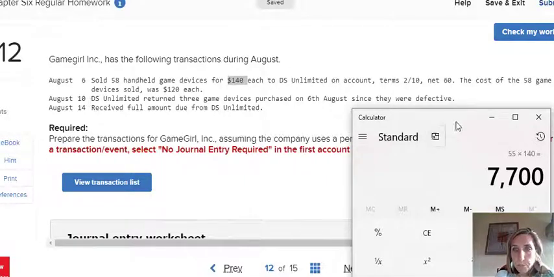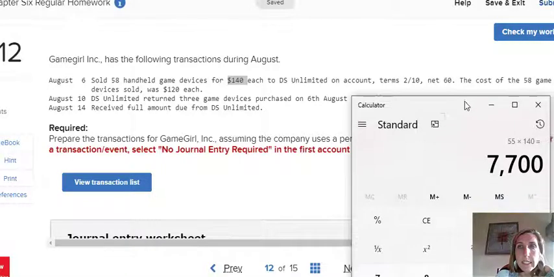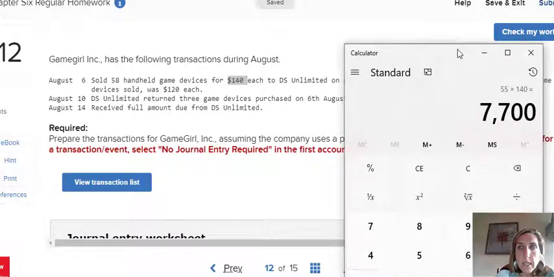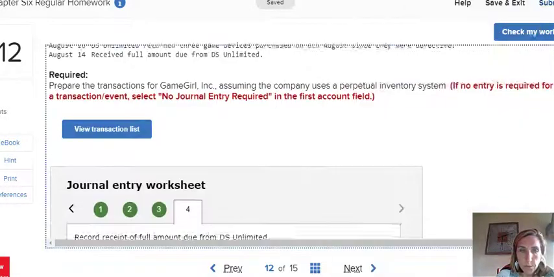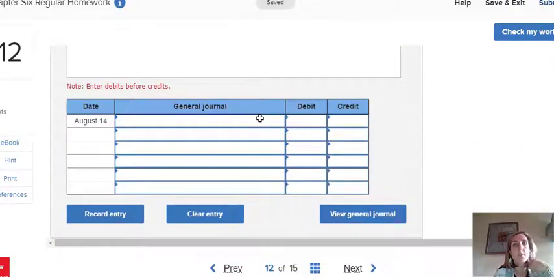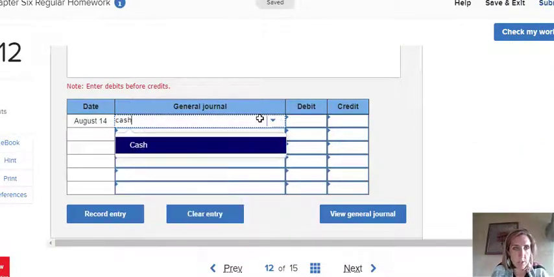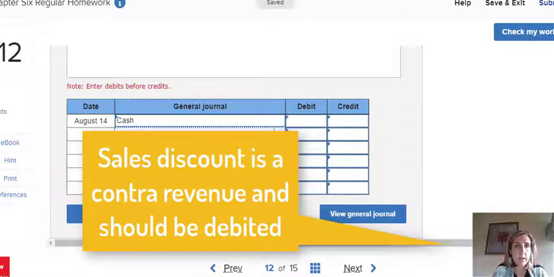So what they're going to pay me is going to be 2% less than this $7,700 that they owe me right now. So when I go to do my journal entry, scroll on down here, it should reflect that I do receive cash. And I receive cash from the accounts receivables that are owed to me.